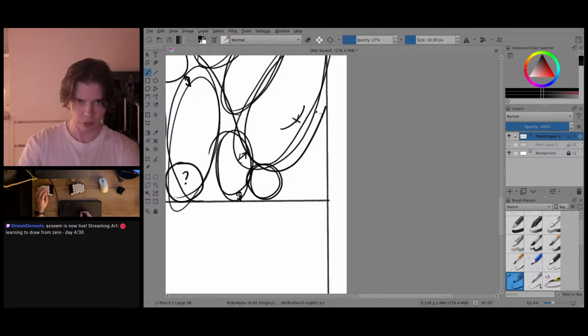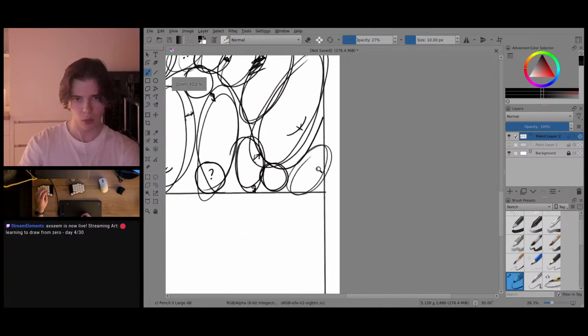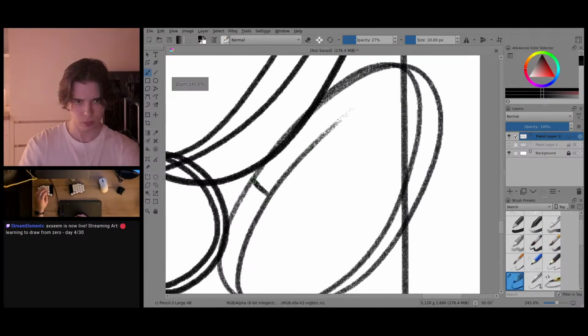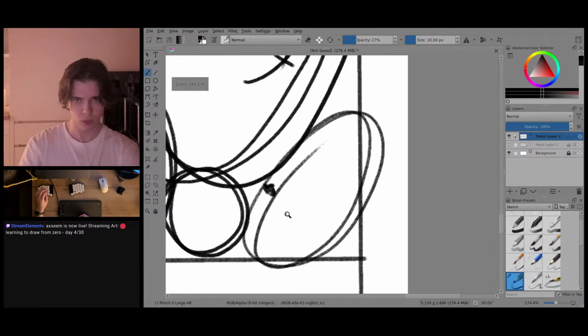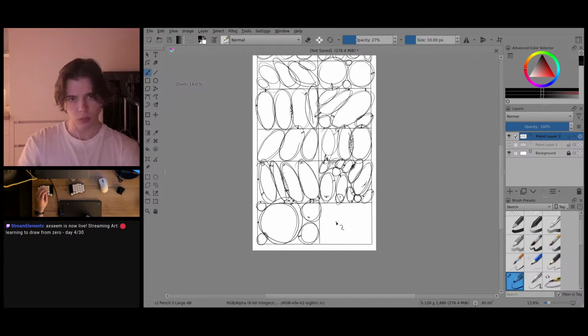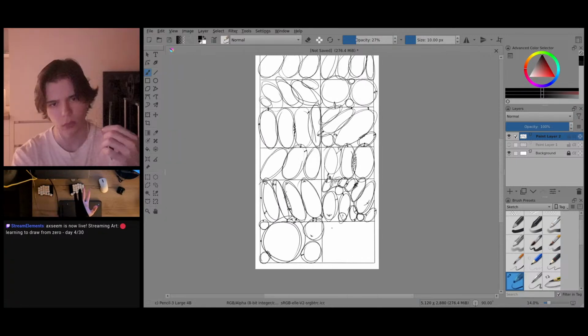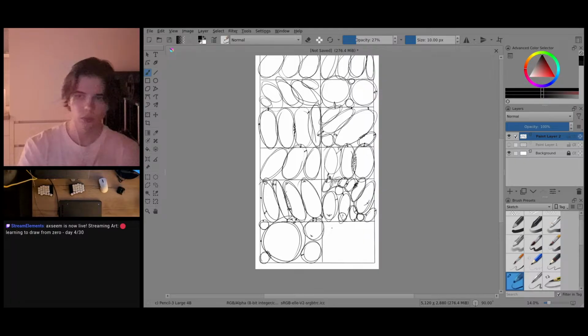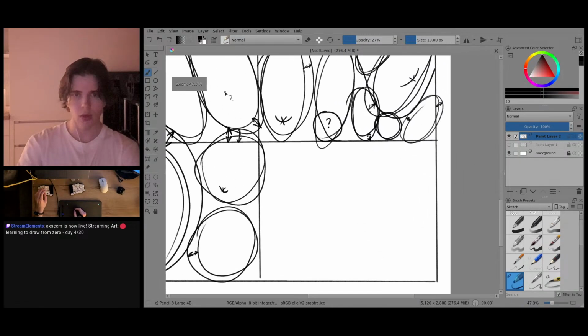Where's the wave? Oh, here it is. This is a straight line.